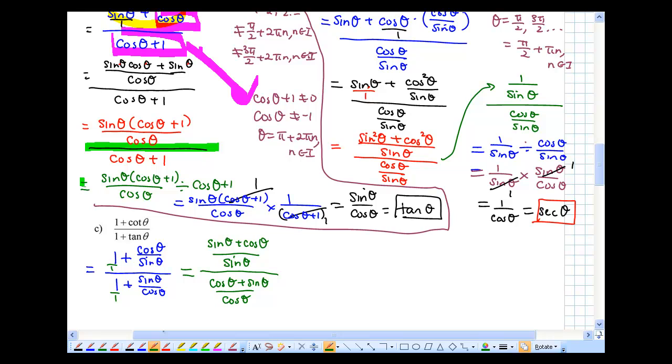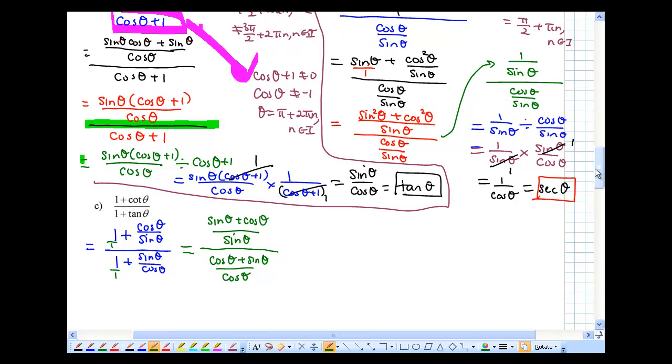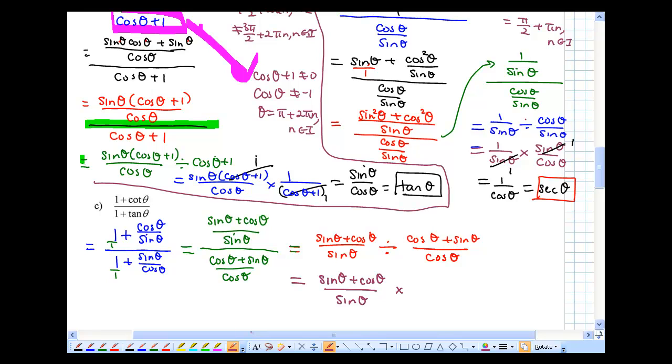I think so too, because now this ugly fraction can be written as the numerator divided by the denominator. So sine theta plus cosine theta all over sine theta divided by cos theta plus sine theta all over cos theta. We know that dividing is the same thing as multiplying by the reciprocal. So we'll write this as times cos theta all over cos theta plus sine theta.